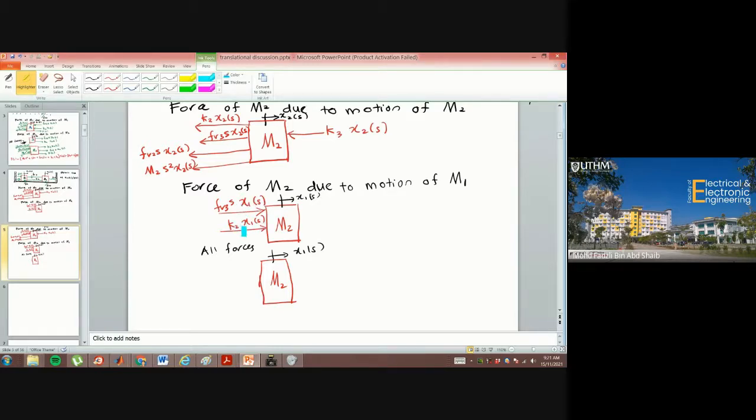So the equation is FV3 times S times X1S and we have K2 X1S. You see the arrow.